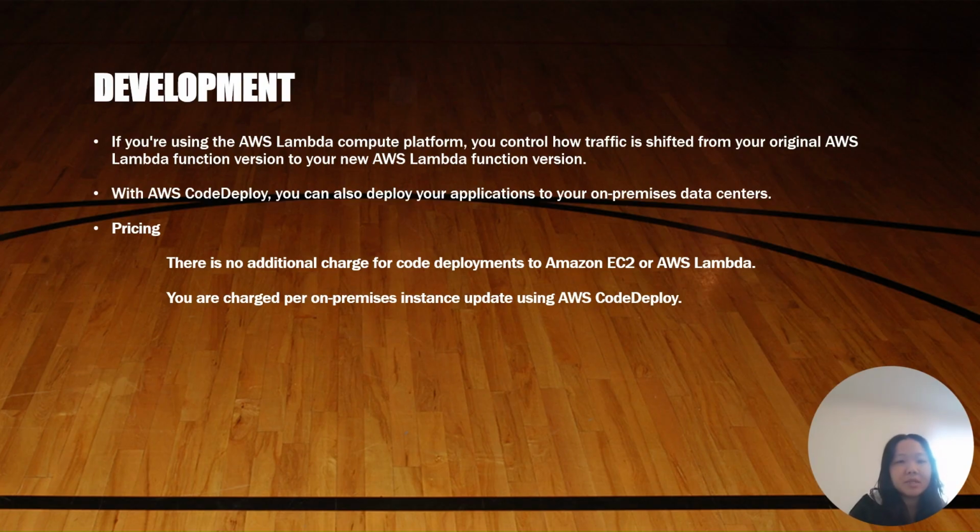If you're using the AWS Lambda compute platform, you control how traffic is shifted from your original AWS Lambda function version to your new AWS Lambda function version by yourself. With AWS CodeDeploy, you can also deploy your application to your on-premises data center.